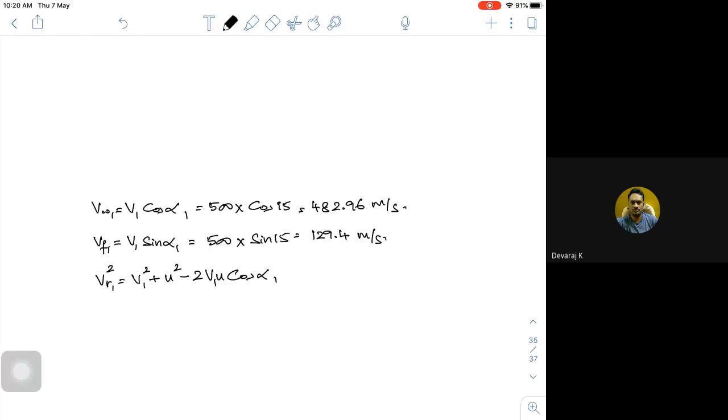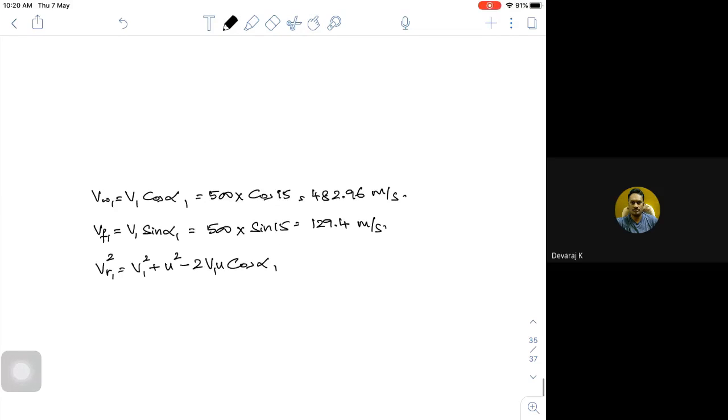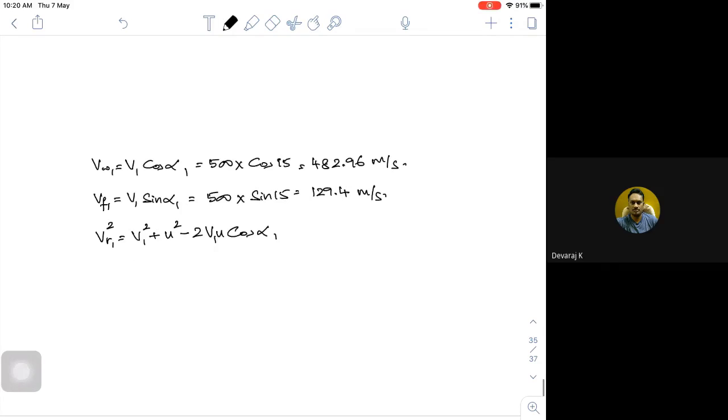Or phi is equal to cos alpha 1. Either use this formula, or assume phi is around 0.45.